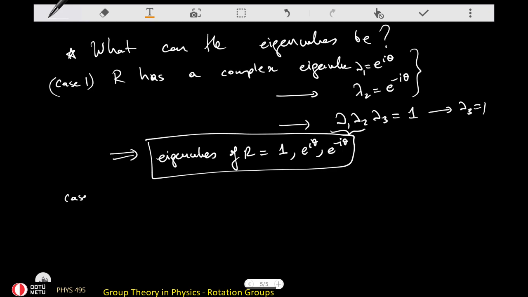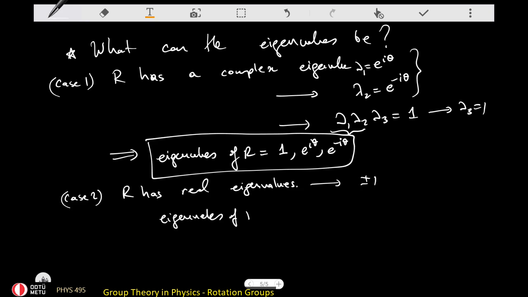There's a second case. R has real eigenvalues only. But in that case, since the eigenvalues should have modulus 1, and the only real numbers with modulus 1 are plus and minus 1, there are these 2 possibilities for the eigenvalues of R: either 1, minus 1, minus 1, because their product should be equal to plus 1, or 1, 1, 1.